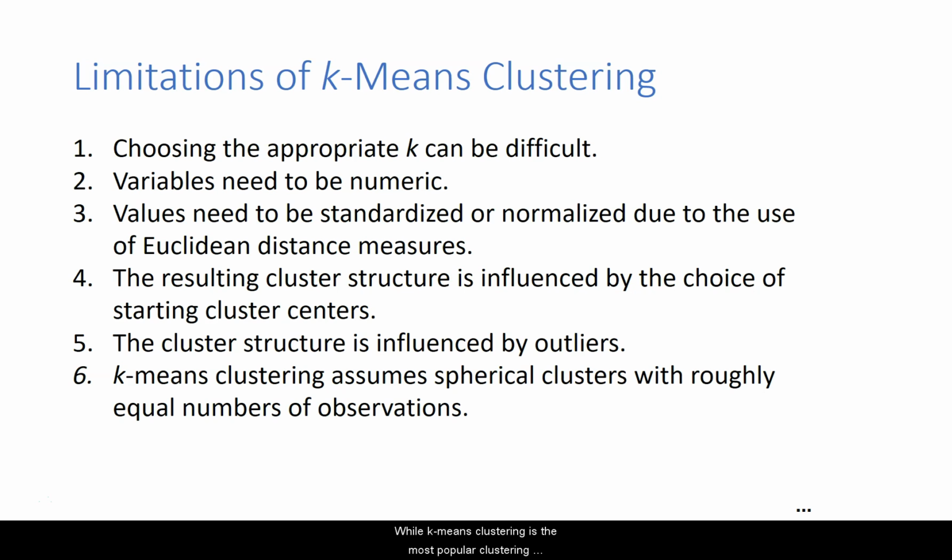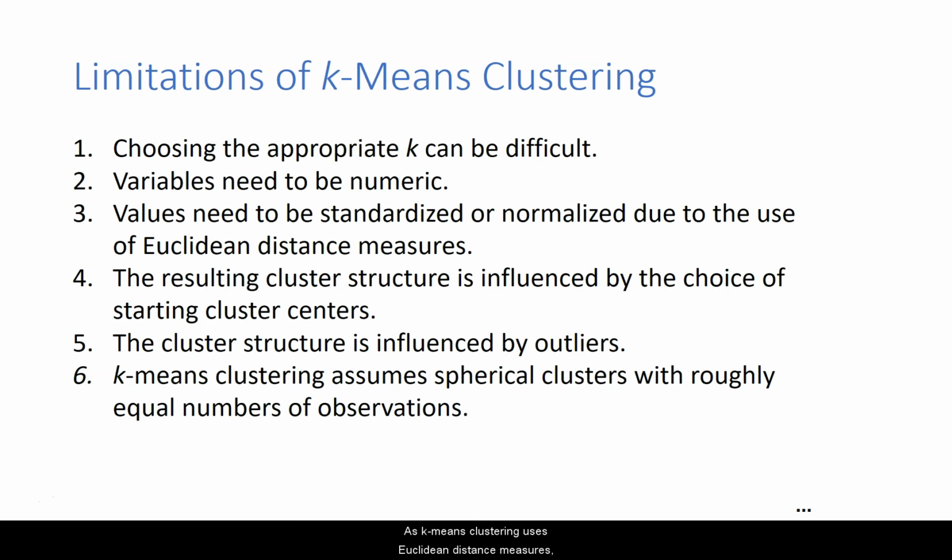While k-means clustering is the most popular clustering technique, you should understand its key limitations. First, as we discussed, finding the appropriate k value can be difficult sometimes. Second, k-means clustering is designed to work with numeric data only. Other data types will require pre-processing before k-means clustering can be applied.